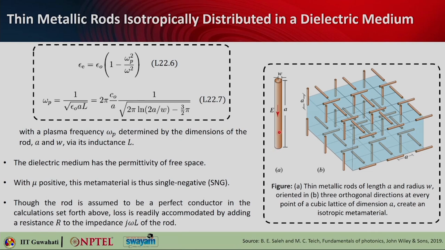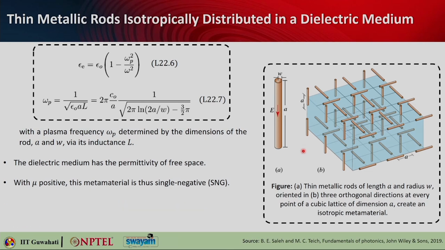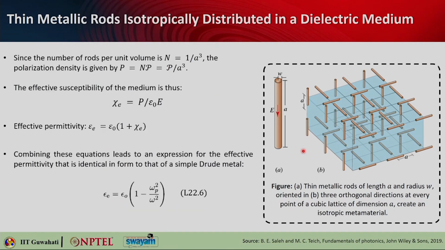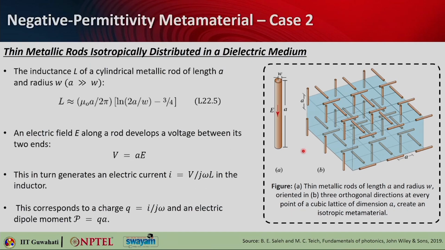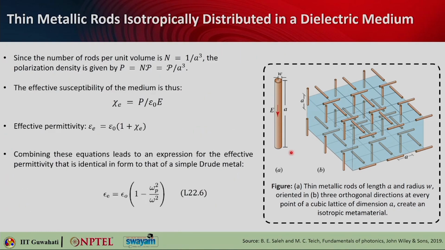Now, if you change one material to another material for making these rods, there will be a change in the R. What about L? Let's see if L has got any physical parameter. Not really. So mainly it will not depend on the kind of material that you are using.